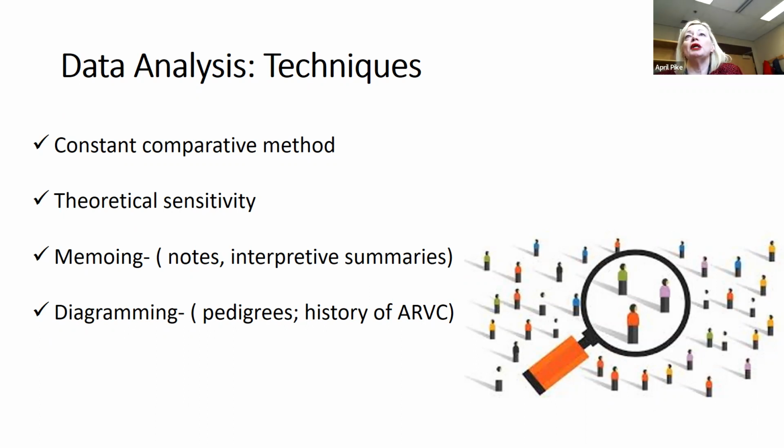As I went through my data analysis, I was very in tune to my own preconceived notions, and I tried to remain as objective as I could be as a researcher. So I spent a lot of time memoing and taking notes.